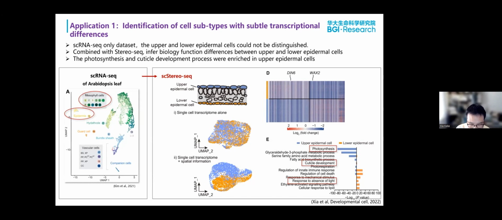For example, the biological processes associated with photosynthesis and cuticle development were significantly enriched in upper epidermal cells, while biological terms related to response to absence of light were significantly enriched in lower epidermal cells.